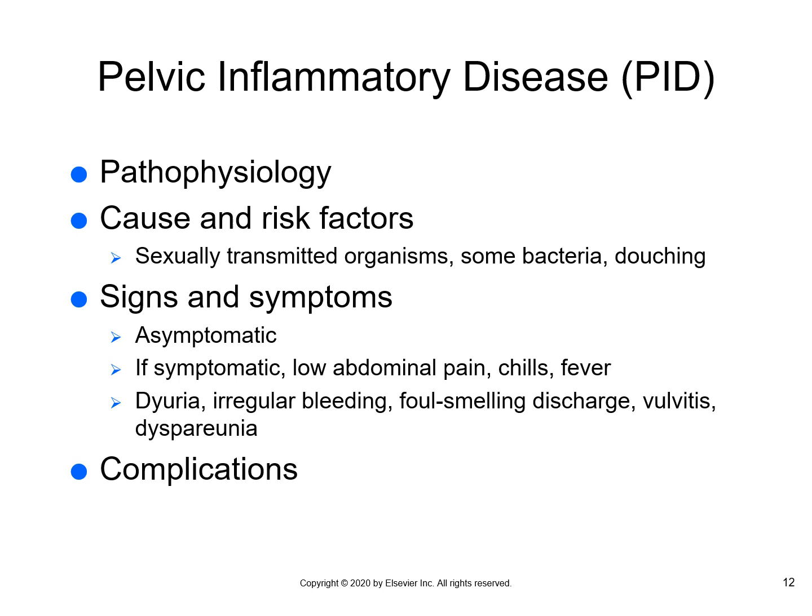Signs and symptoms could be asymptomatic, or if there are symptoms, then the patient is going to have some low abdominal pain, chills and fever, even diarrhea, irregular bleeding, foul smelling discharge, vulvitis, and dyspareunia.